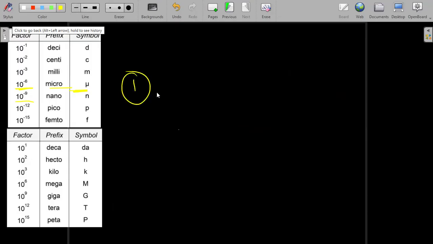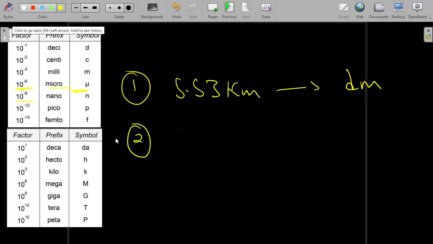So you can take a screenshot after I finish writing them. Number 1, convert 5.53 kilometers to decimeters. Number 2, convert 817 picograms to grams.